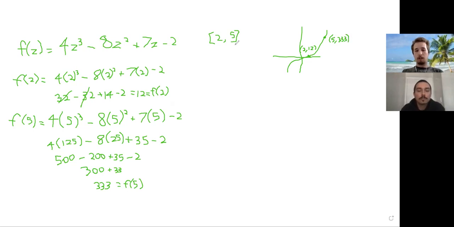Just because when I plugged in 2 and 5, I get this on the graph. And so what we want to find next, after we find our two endpoints, is the average slope between the 2 points. We want to find the average slope of the line between the 2 points. Okay? And so to do that, we just have to take rise over run.